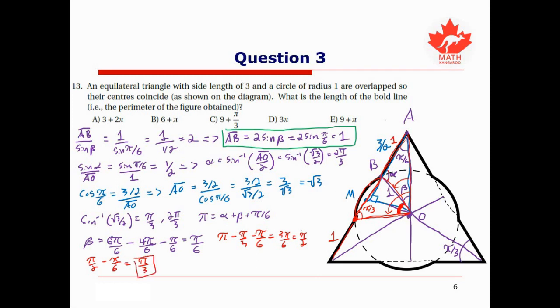So that must be the arc length of this portion of the circle. Thus, the length of that side of the perimeter is 2 plus pi over 3, and since all three sides are identical, the total perimeter is just 3 times this quantity, which is 6 plus pi, and thus the answer is B.